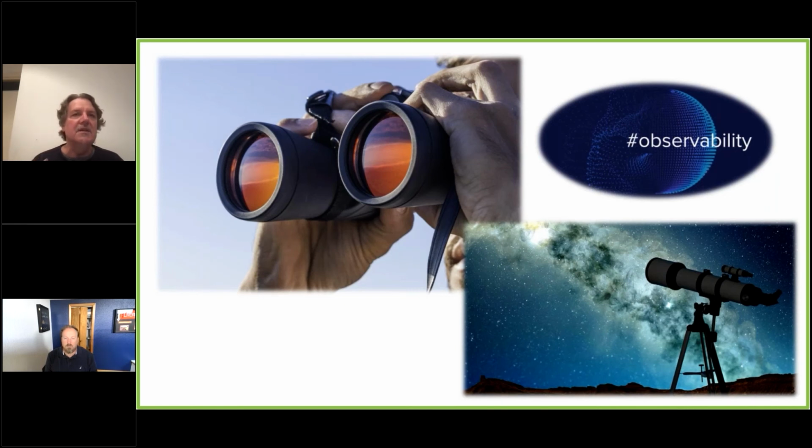You also need to understand, and very crucially, if you want to do something about anything that's been uncovered, you need to understand the causal relationships between the events or the data items that have been correlated during the second stage. So a third stage is the ability to do this causal analysis.